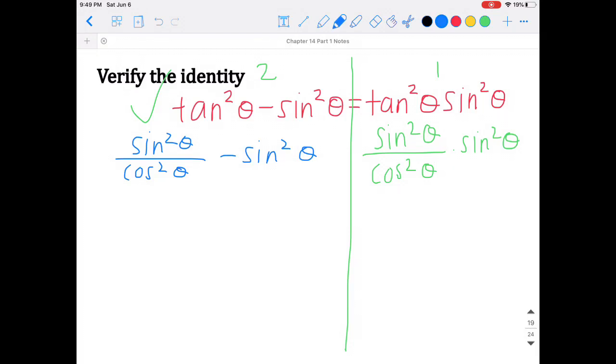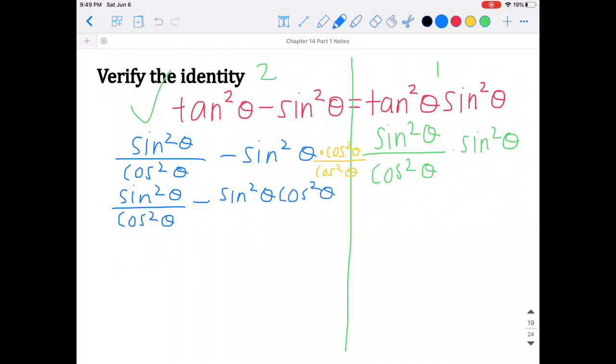Next thing we need to do is get a common denominator. So my term on the right, sine squared theta, I'm going to multiply by cosine squared theta over cosine squared theta to create that common denominator. When we multiply, we get sine squared theta over cosine squared theta minus sine squared theta cosine squared theta over cosine squared theta.